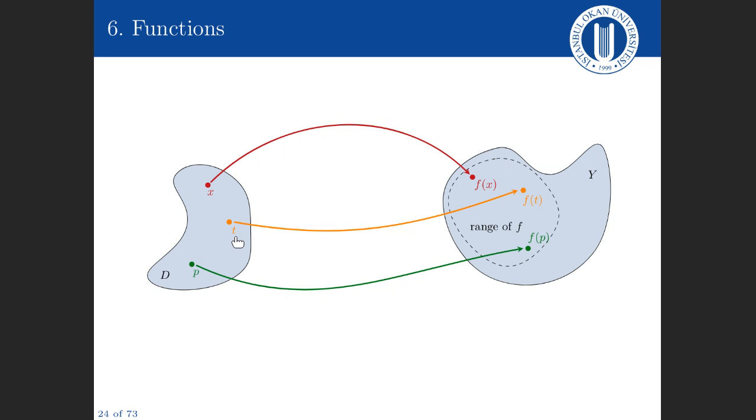Or if we have some number t, the function gives us some number f of t. And we can do this at every single number in D. After we've done this, we can look at all of the possible values of f of x. This dotted line will be a subset of capital Y. The region inside this dotted line is called the range of f.